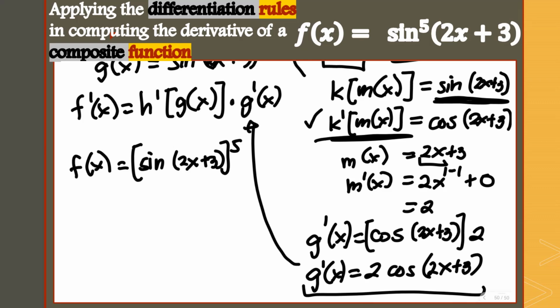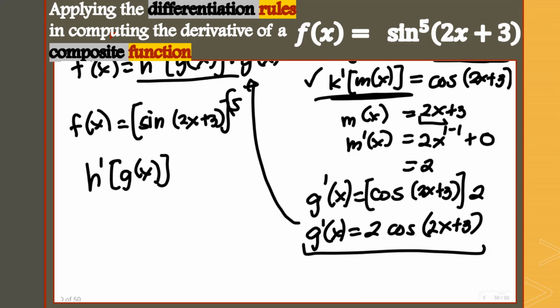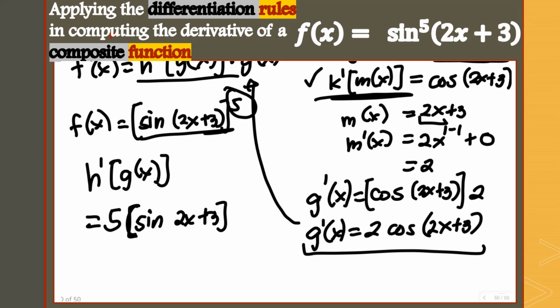So what will happen here for f prime of x is specifically just for this composition h prime of g of x. So we're going to use here the power law. Okay, power law. So you have here 5 times this as 1. Okay, so you have here sine of 2x plus 3, let me make this as a bracket, raised to the power of 5 minus 1, because we have here n, according to the rule of power, minus 1.